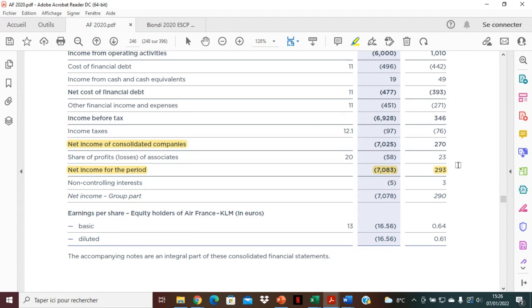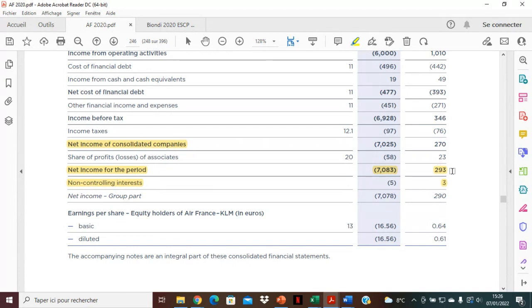That's the total profit. Okay, but not all profits belong to the parent company because obviously if I own only 60% of the subsidiary, I get only 60% of the profits, and 40% of the subsidiary profits belong to the non-controlling shareholders. And that's why in the income statement also, I see a line non-controlling interest, which here for 2019 is 3 million.